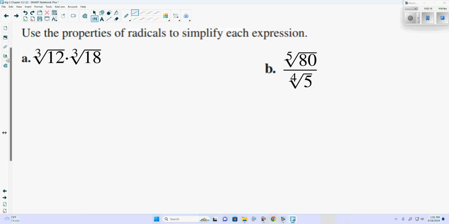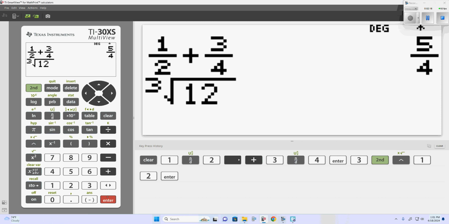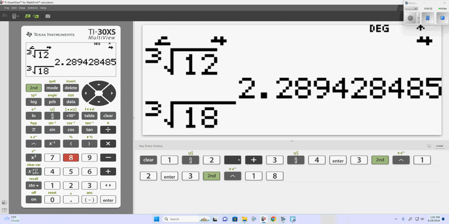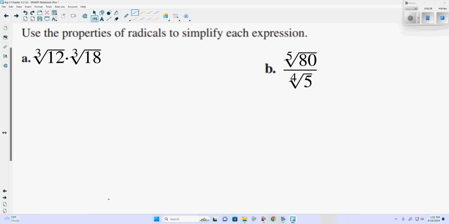Our first one is the cubed root of 12 times the cubed root of 18. Well, first thing we can look at is the cubed root of 12, the cubed root of 18. Neither one of these is reducible. We could multiply those together and simplify from there.